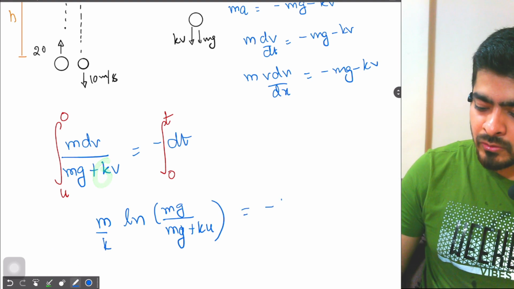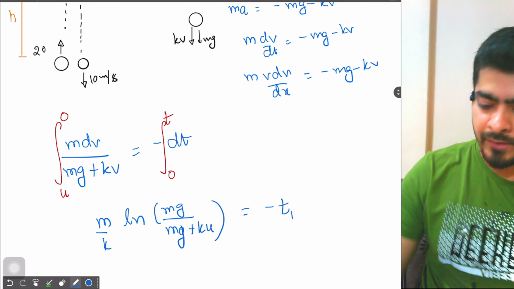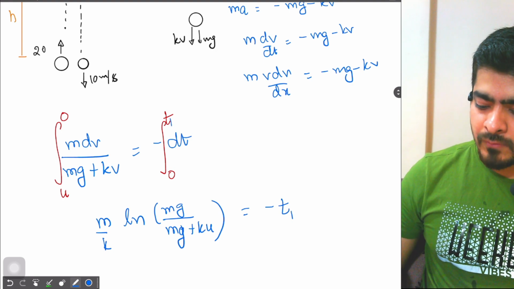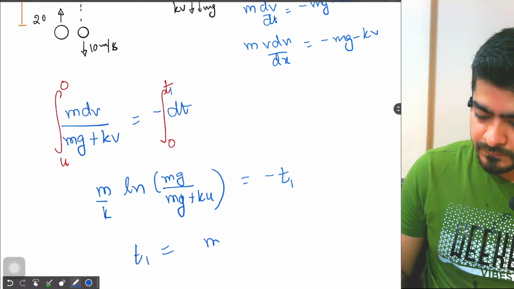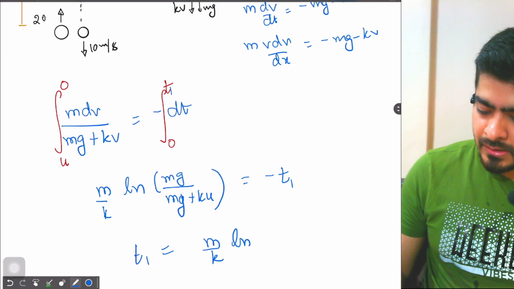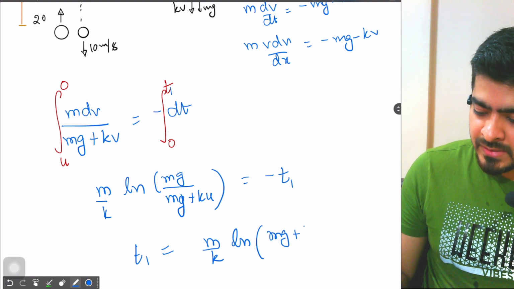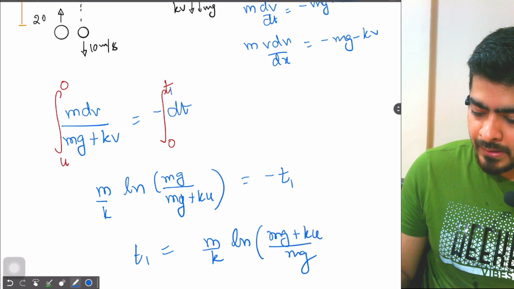This should equal -t1. We will call this t1. So t1 will be equal to (m/k) log((mg + ku)/mg).